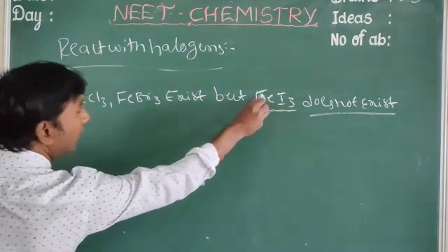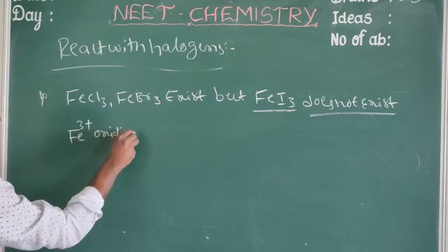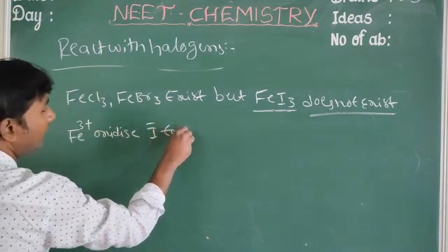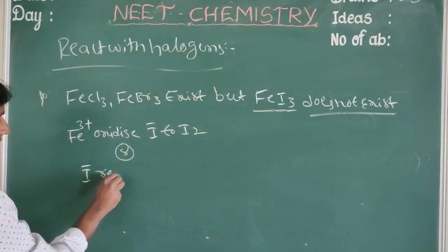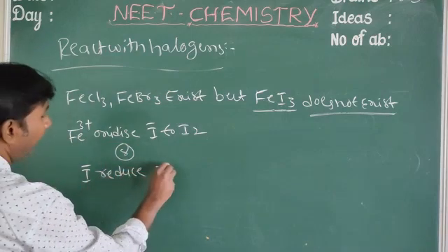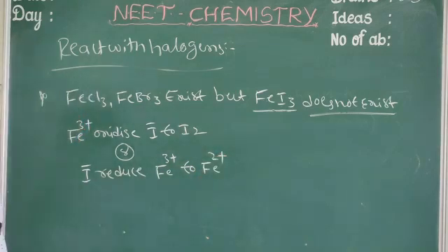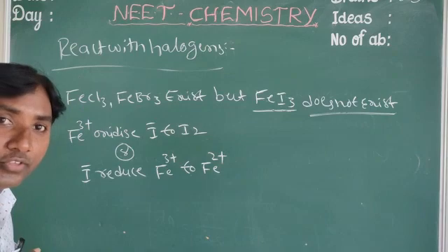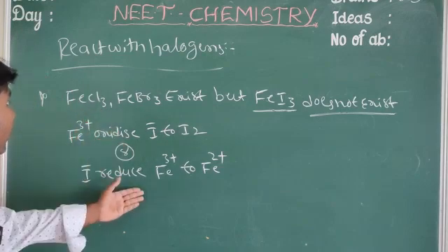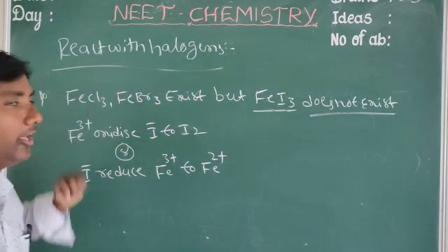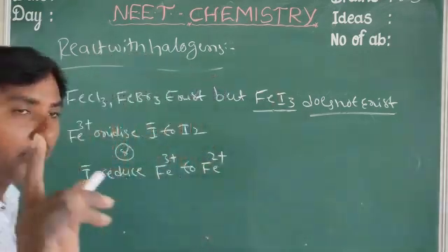Here iron 3+ oxidizes I- to I2, or I- is reduced. Due to this reason, FeCl3 and FeBr3 exist, but FeI3 does not exist.